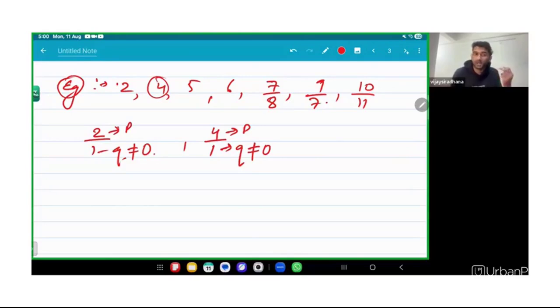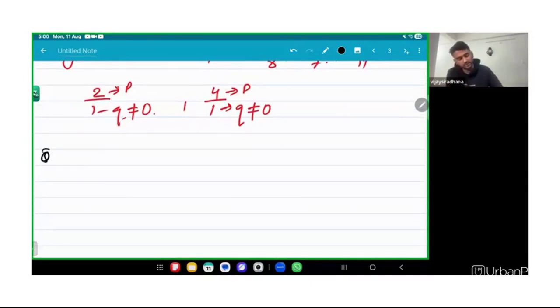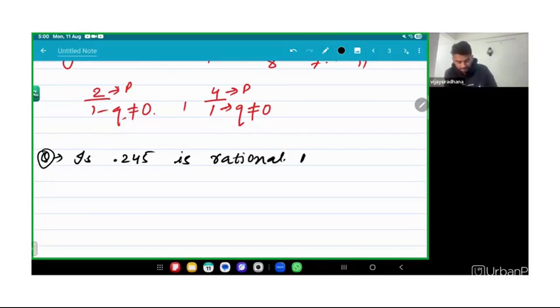Now, what is the confusing area you get during the examination or while solving problems? I'll give you some questions and then we'll solve them. Question number 1: is 0.245 a rational number?